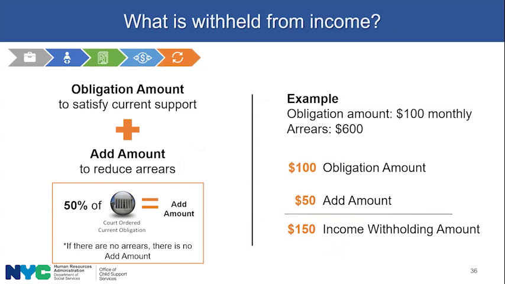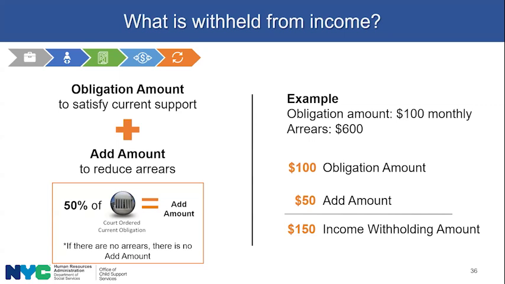What is withheld from income? Well, the obligation amount pursuant to the court order, and possibly an add amount if there are arrears. And the add amount can be 50% of the court-ordered obligation. If there are no arrears, then there's no add amount. So, for example, if the obligation amount is $100 a month and there's $600 of arrears, then for a period of time, the amount withheld from income will not be $100, it will be $150.